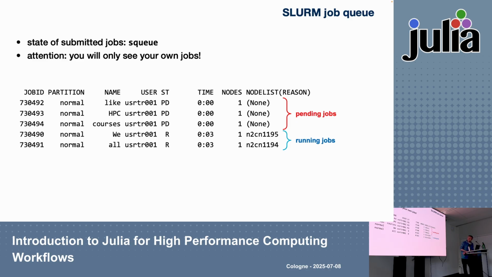You see the partition, the name of the job, the user, and the state. In this case, we have 3 PD. PD means pending jobs, so they are not started yet. And we see 2 running jobs, which are already running. Then you see the time that they already ran, the wall time, and how many nodes and which nodes they are running on. So this gives you a nice overview over what is happening right now.